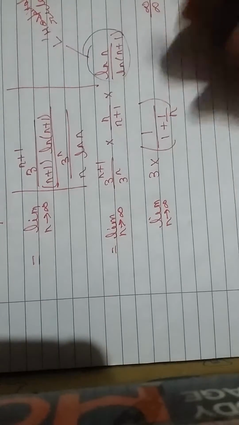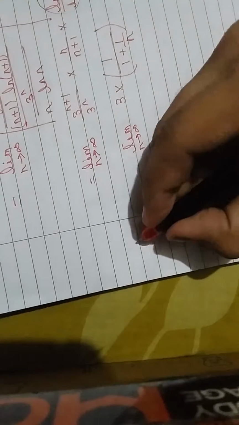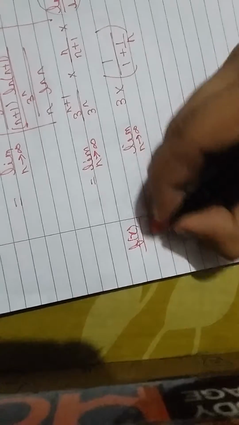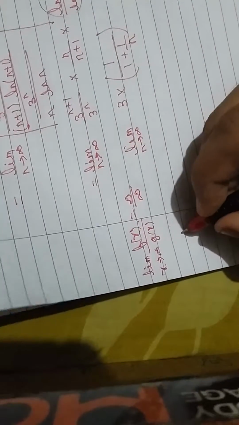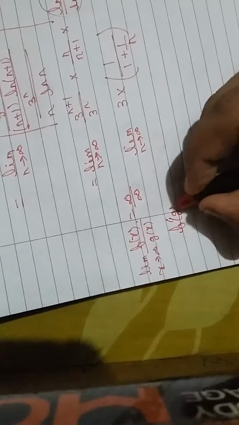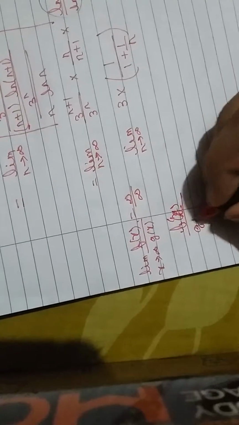which is: if f(x) over g(x), limit x tends to infinity, equals infinity over infinity, then we will have to take f dash x and g dash x.